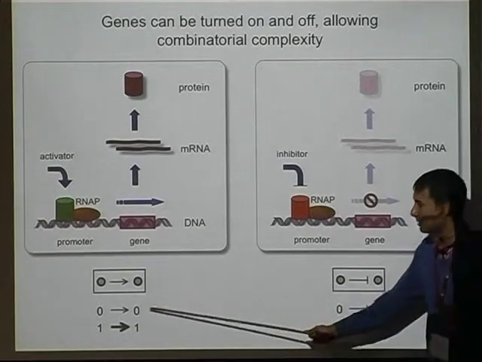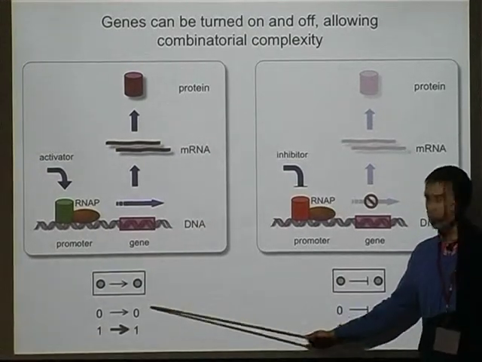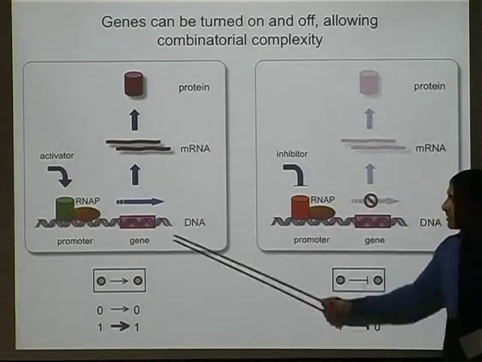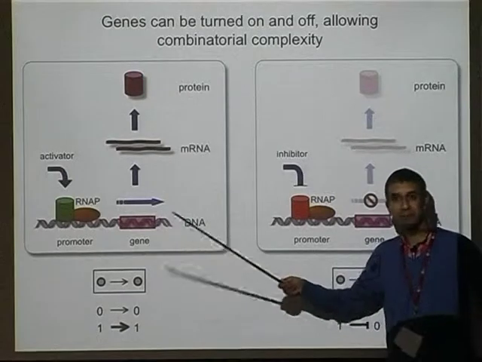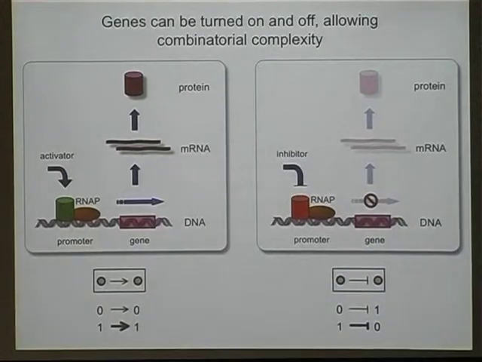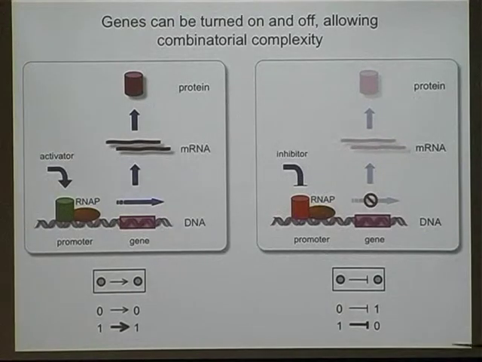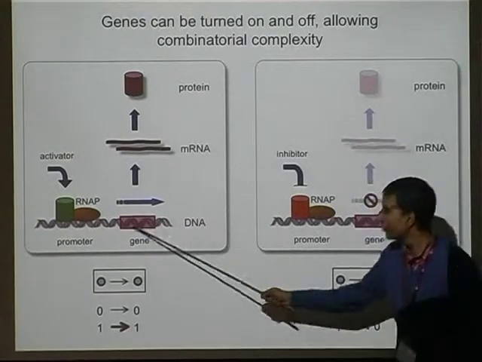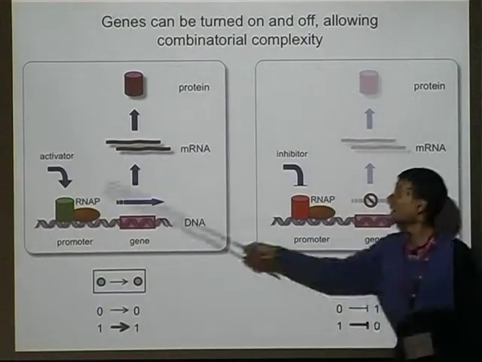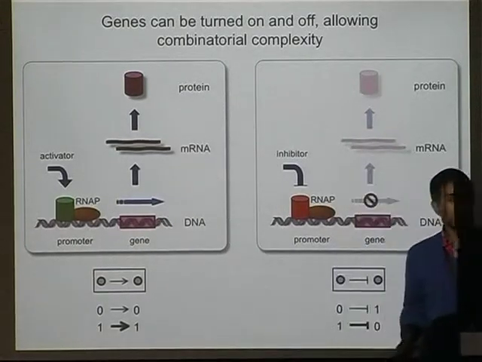abstraction for networks. If a gene is not making a protein, it's 0. If it is making a protein, it's 1. Right? You have to understand that when you unpack this abstraction, it means a lot about molecules binding, unbinding, and so on and so forth. Okay? Is there a stochastic event that this many molecules of activator be present? It can be. There's a lot of computation going on here. And you could have thresholds of the activator, you could have combinatorial effects of the activator, all sorts of interesting things could happen.